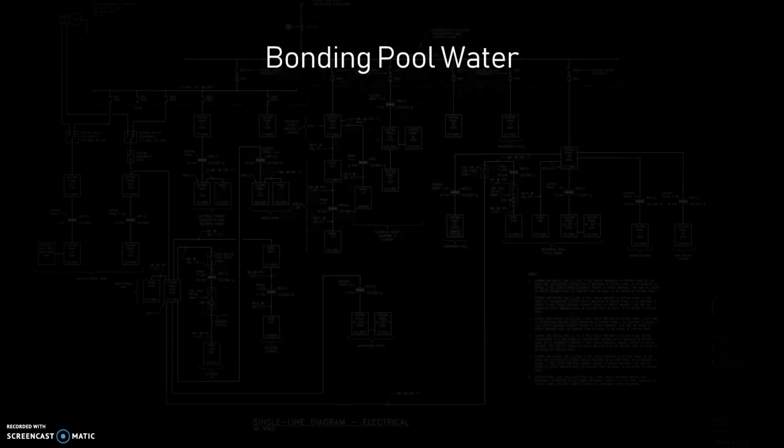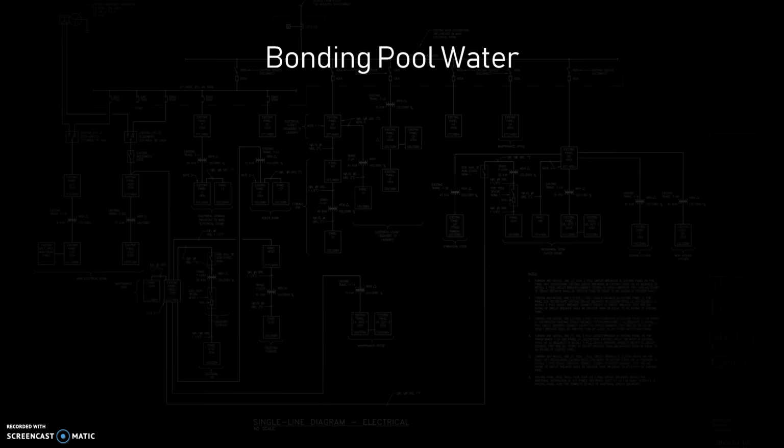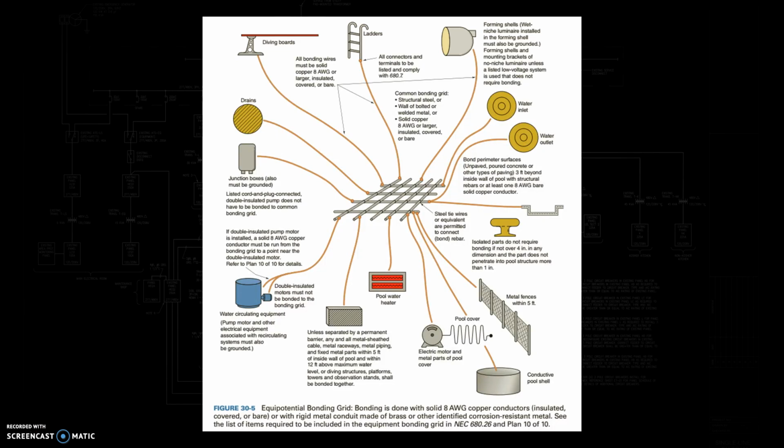A couple things are worth a little explanation here. You're going to read about bonding pool water, which I always think sounds pretty comical, but it's a pretty serious thing. If we go back a section and look at this chart, let's say that none of these things are in contact with the pool water somehow. That's kind of a long shot. Think about the ladder, okay?